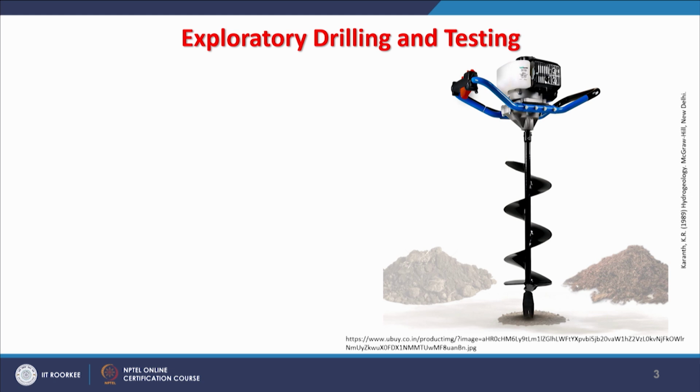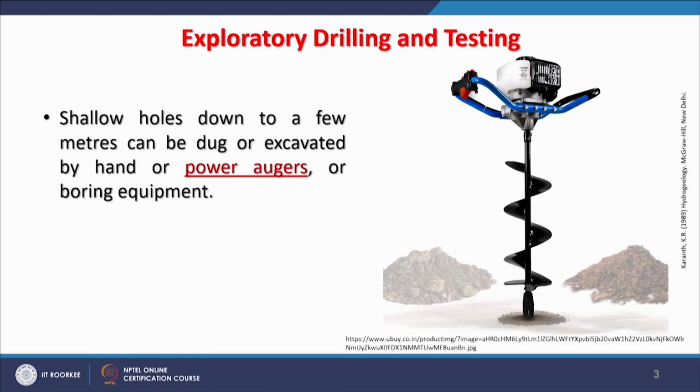So that kind of manual method also exists, but these are more modern methods which we are going to discuss. Shallow holes, shallow meaning not too deep, maybe 5 meters or maximum maybe 10 meters, but it is a relative term.